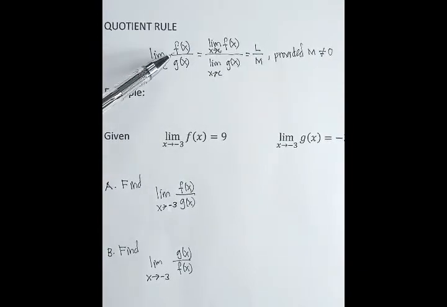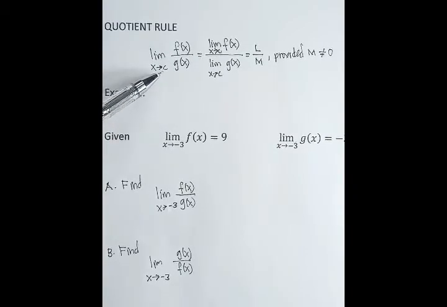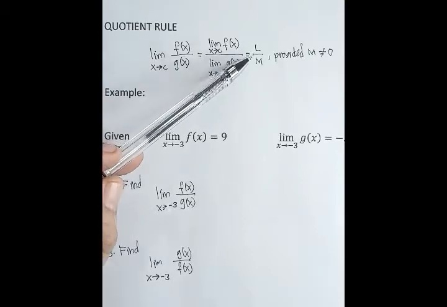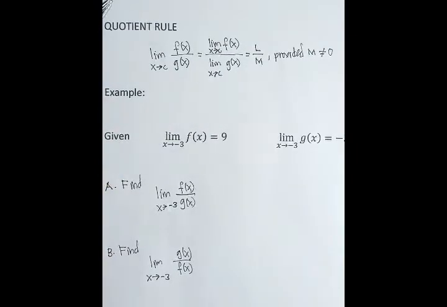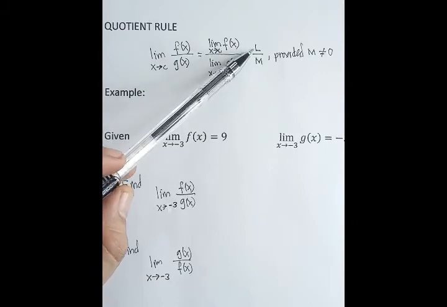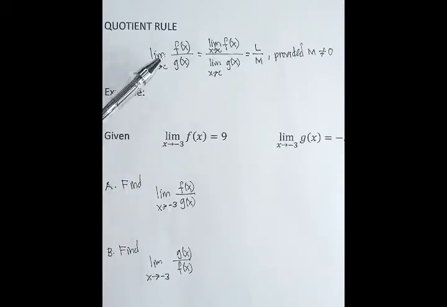So if we're given the limit of the function of x divided by the g function of x as x approaches c, it is simply the limit of the function of x divided by the limit of the g function of x as x approaches c, or L over M. So if f of x is divided by g of x, the limit of f of x is the numerator, and the limit of g of x will be the denominator.